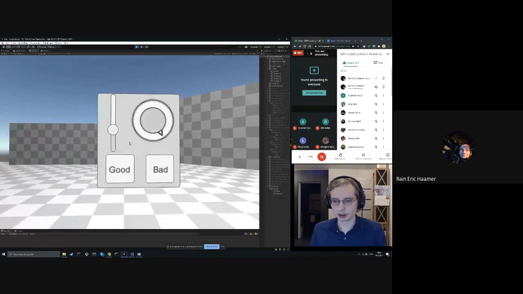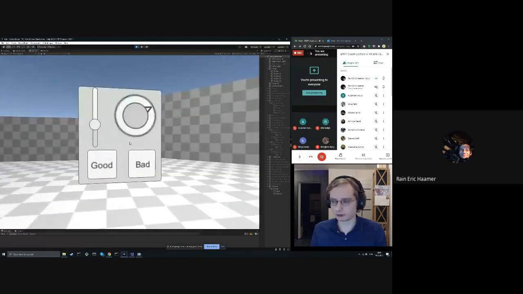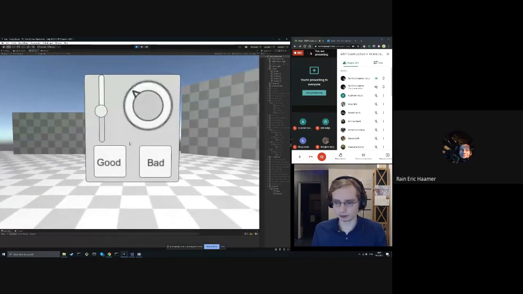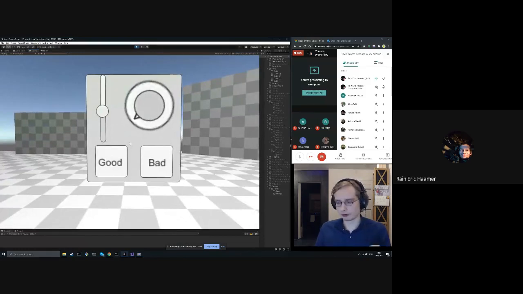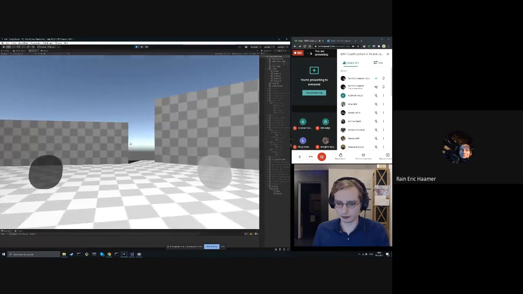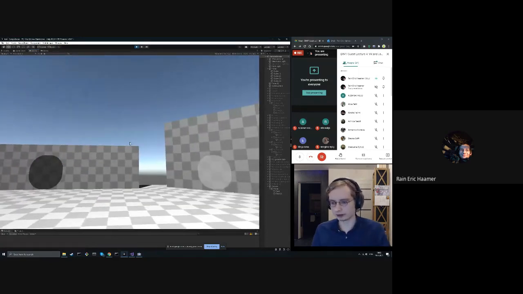Now, when you're designing these sorts of user interfaces, you might be tempted to use all sorts of transparencies and colors. In this case, you might see that the right one here is much harder to see than the left one, because the left one is dark on this background and the right one is very light here.